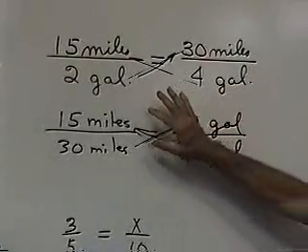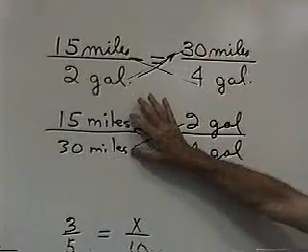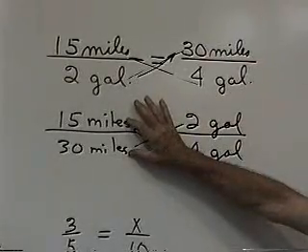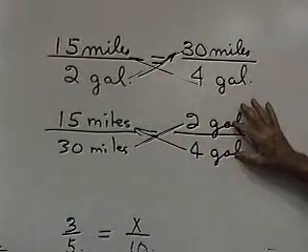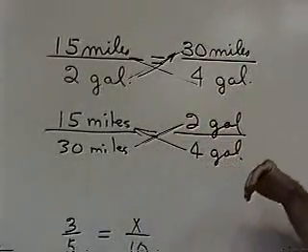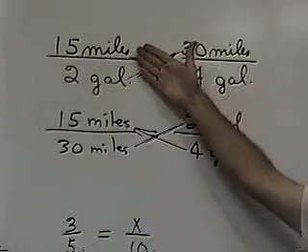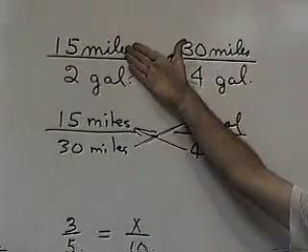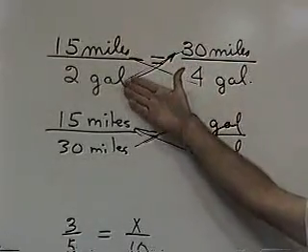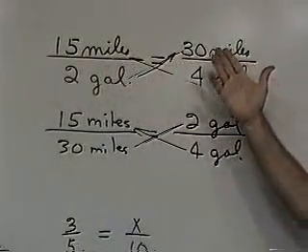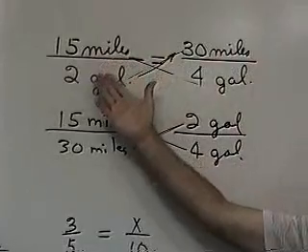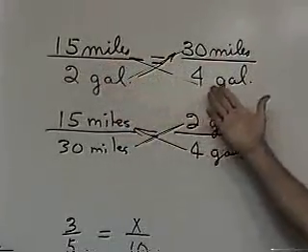We can have same word to same word, and usually that's the best way to do it. It's not the only way. Equals same word to same word. But if for some reason in working a stated problem you want to put down this over gallons, then you must over here put the same word on top as you have on over here on top, and you must put the bottom word the same as the other bottom word.